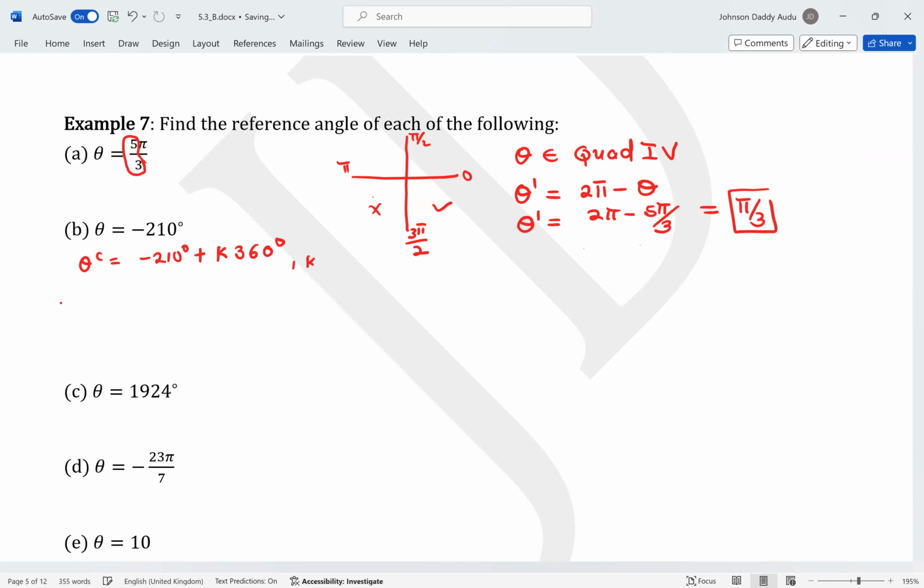It's okay if you take k to be 1. So this will be minus 210 plus 360, and this will give us 150 degrees.